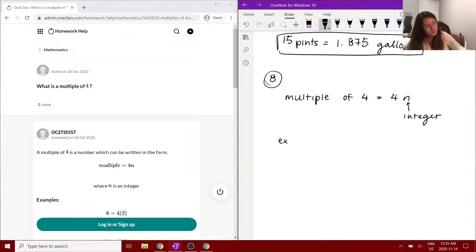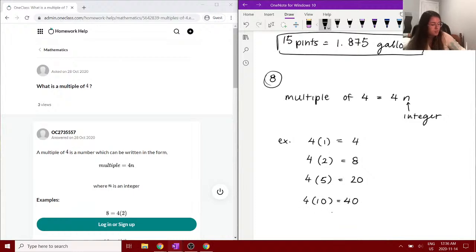So we can look at some examples. If we know 4 times an integer is a multiple, so we can use any integers we want, from basically 1 to infinity. So starting with 1, 1 times 4 is just 4. We have 4 times 2 is 8. 4 times 5 is equal to 20. 4 times 10 is equal to 40.